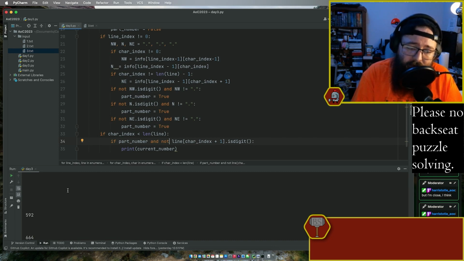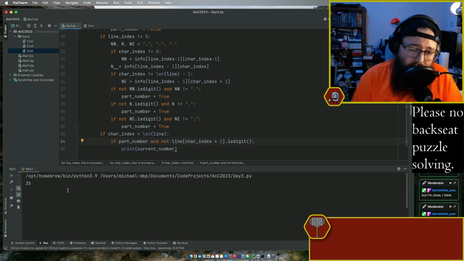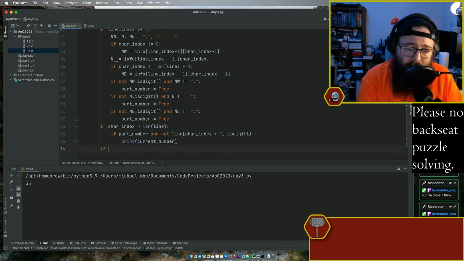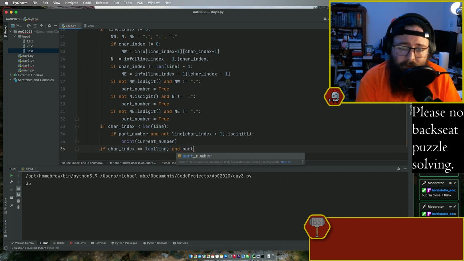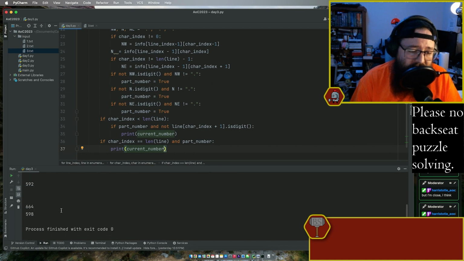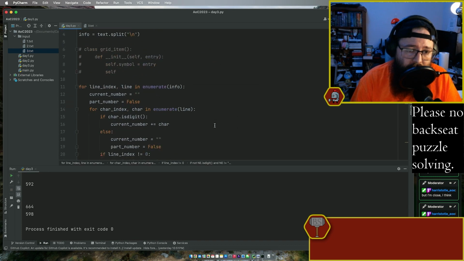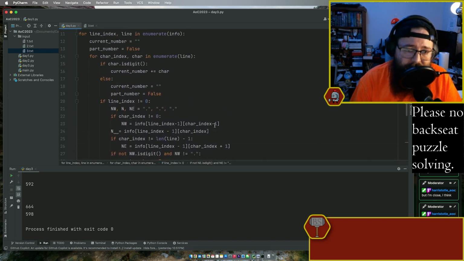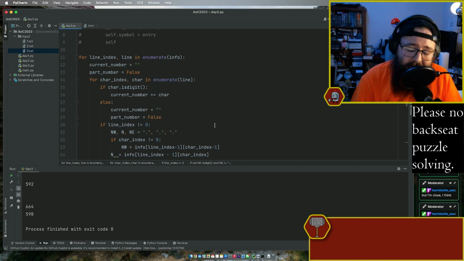The next thing is a period. We know that, hey, we've hit the end of a number. If this is equal to the line and part number, and in case we hit a part number that is in the 35, 592, 664, 5. So those are the numbers. Okay. So that's it looking above.